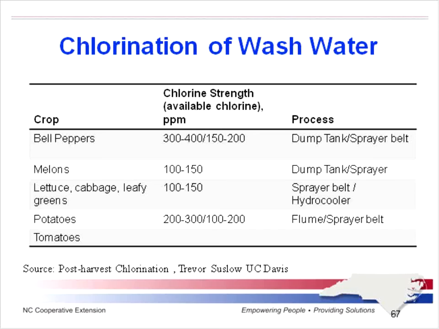Okay, next question, and I've got the slide up. Yes, that is true. So the next question is, why wasn't there a recommendation for chlorination in the tomato wash water?